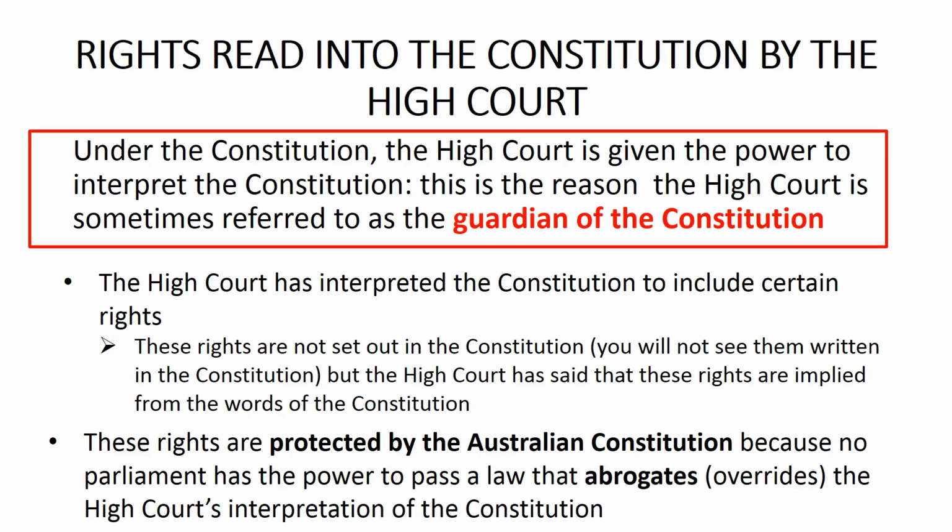A very important exception to that, though, is that where the High Court interprets the Constitution, then no Parliament can override the High Court's interpretation of the Constitution. Therefore, where the High Court has interpreted the Constitution to include certain rights, no Parliament can pass legislation which takes away or changes those rights.